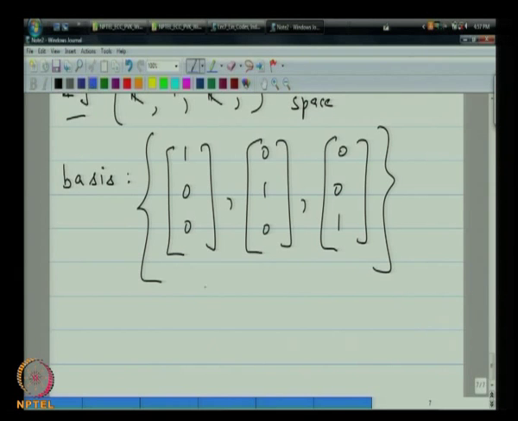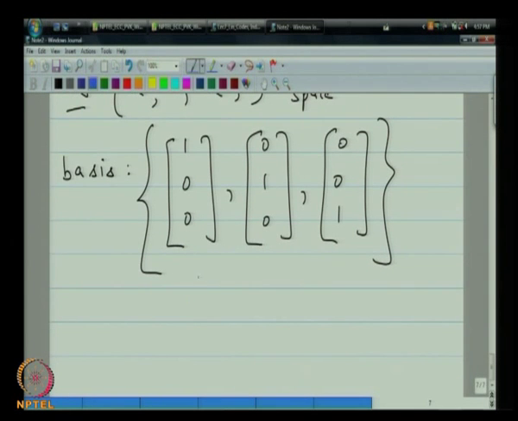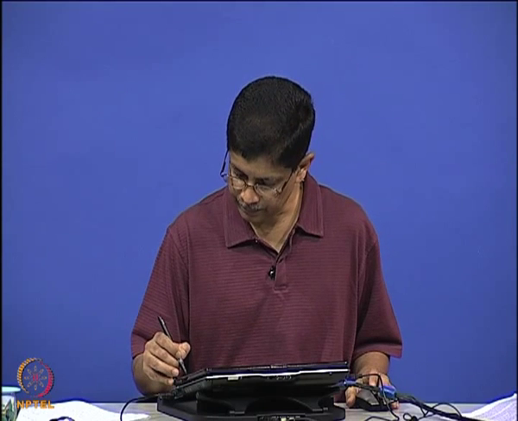We will just make a quick remark here. This is called the standard basis for R3. And of course, as you might imagine, there exists a standard basis for other higher dimensional spaces Rn as well.